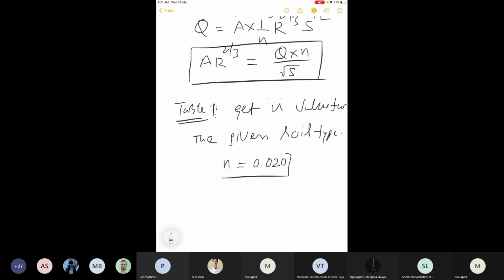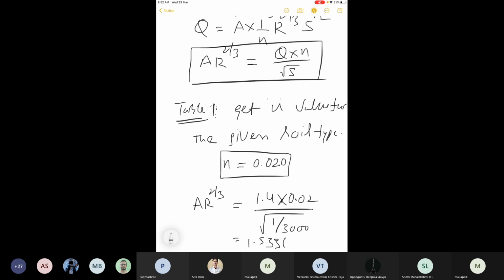So this is what we get from the table. I already explained, for a particular soil, you will get the N value and the corresponding V value also. So now substitute N value here. Now A R power 2 by 3, which is equal to Q is given 1.4, and you obtained just now 0.02, divided by square root of 1 by 3000, which is equal to 1.5336. So this is A R power 2 by 3.